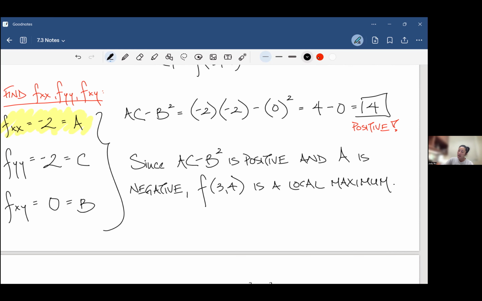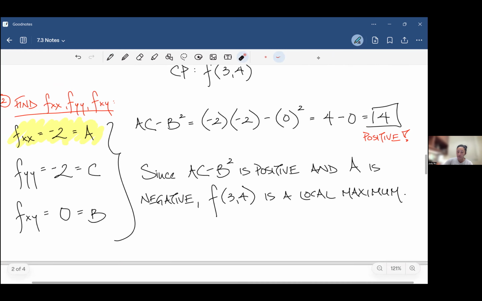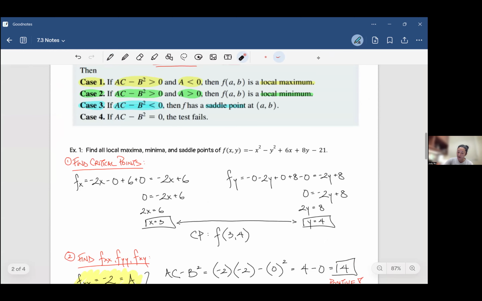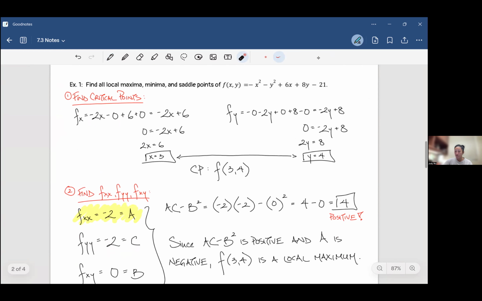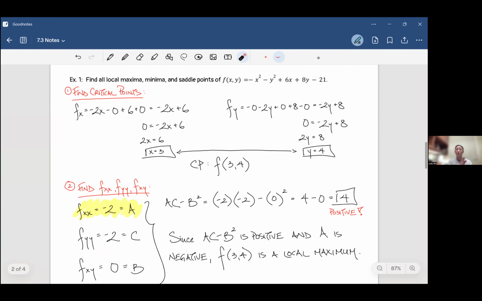Okay? Now, I intentionally wrote this out in words, positive and negative, because I know sometimes the greater than or the less than signs can get confusing for us. So this is like a way for you to make it clear for yourself. But if you want to write greater than 0 or less than 0, that's also fine.